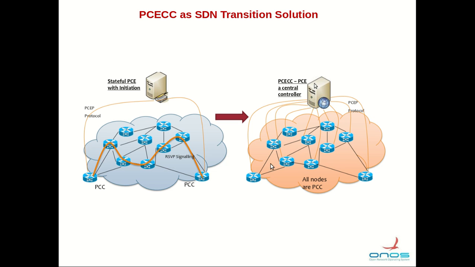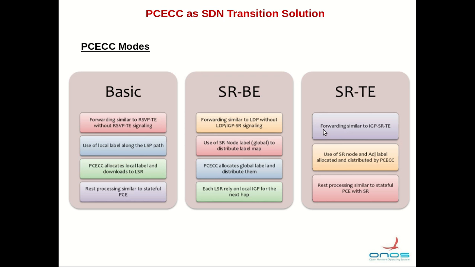Towards PCCC, complete signaling and the complete control plane is removed. Here all the devices connect to the controller, similar to OpenFlow. The controller has the logic to push the labels and flow rules to the network based on your requirement, so the complete control plane is removed from your network and the complete logic is with your controller.